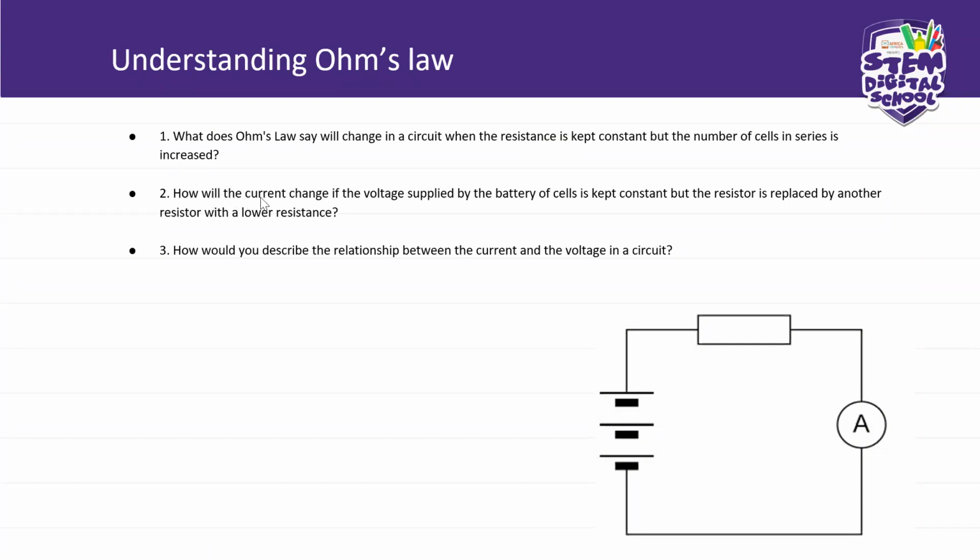Right. How will the current change if the voltage supplied by the battery of cells is kept constant, but the resistor is replaced by another resistor with a lower resistance? What will happen to the current?